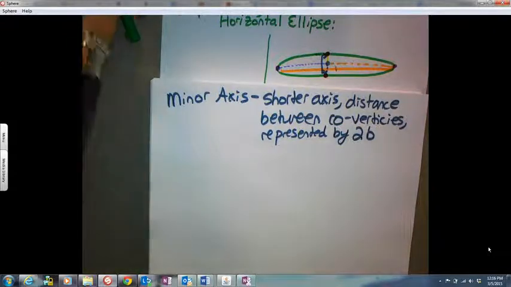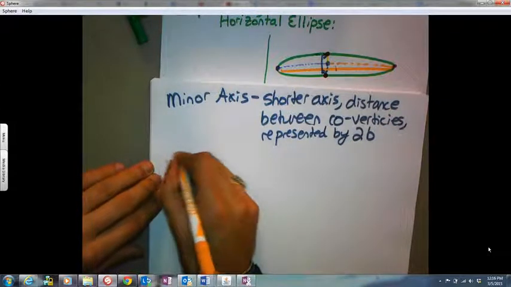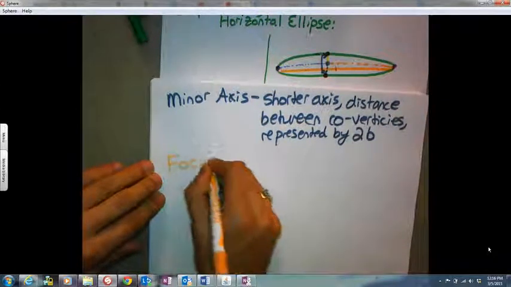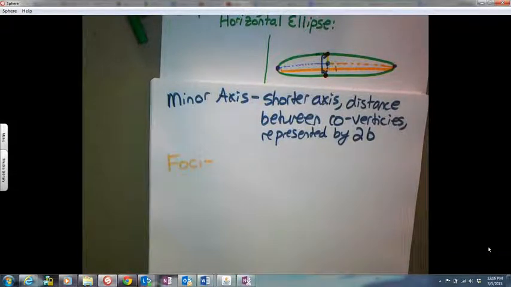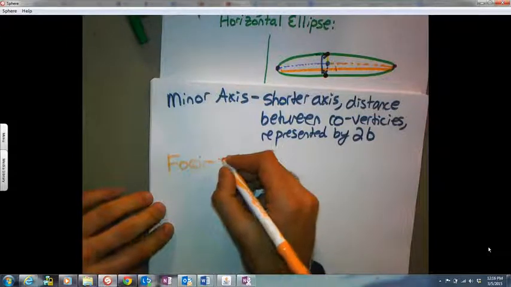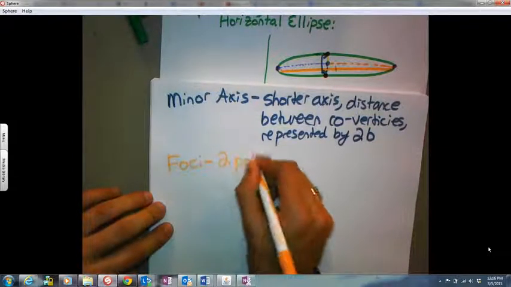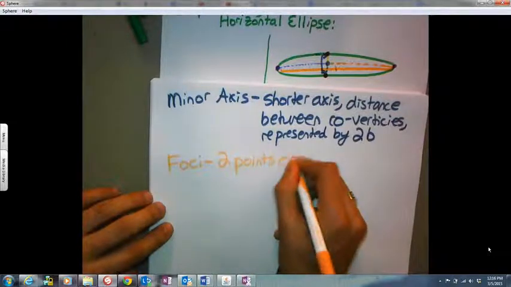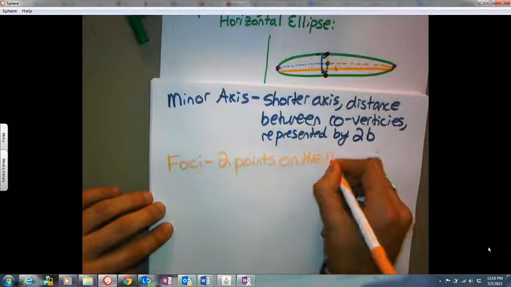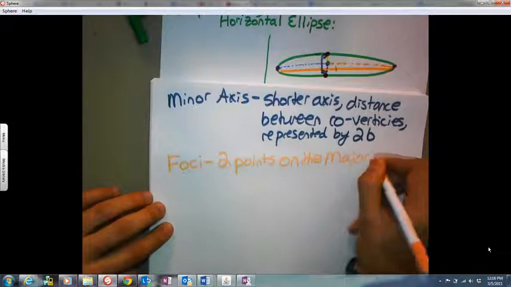Then we have the foci. These are 2 points on the major axis, so somewhere like here and there.